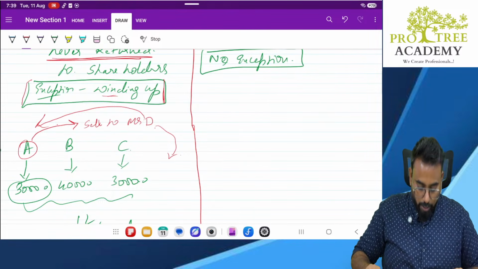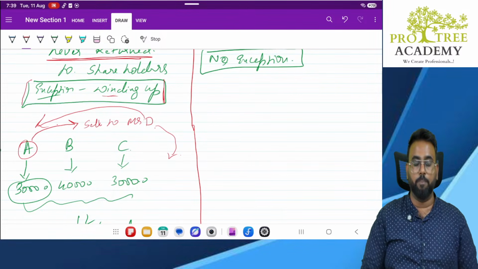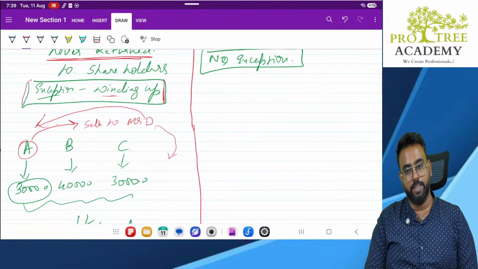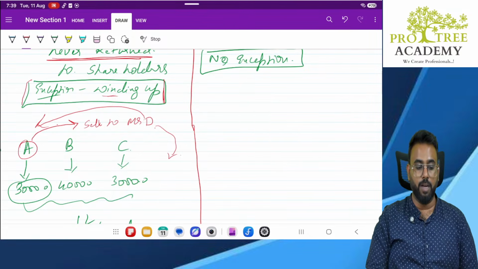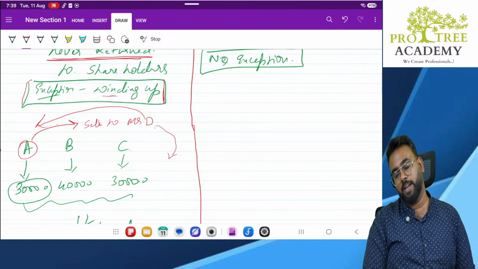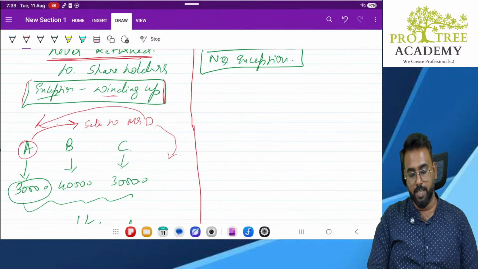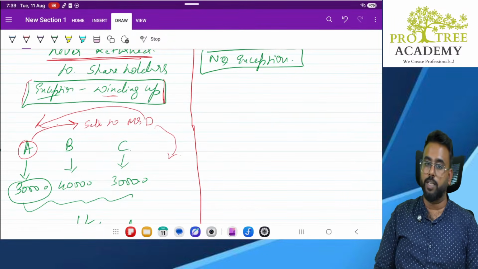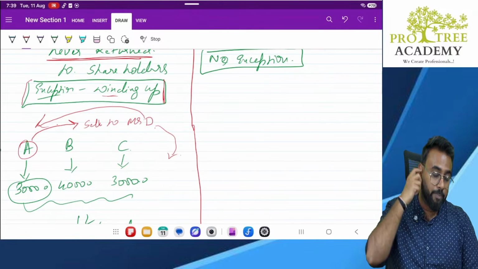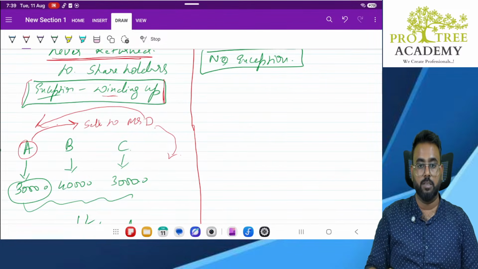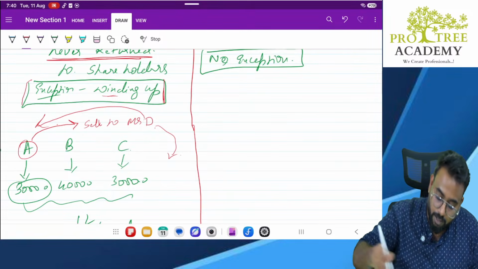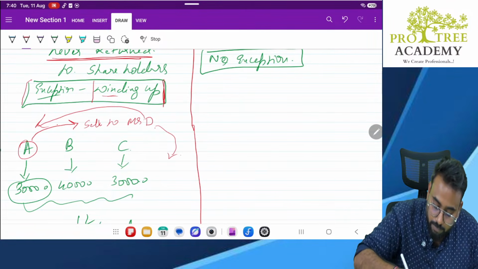We have never used the donations; everything is sitting in the bank account. So whatever money is there, I will return it back. Temple is getting closed. In the same way, when the company gets closed, the word used is winding up.